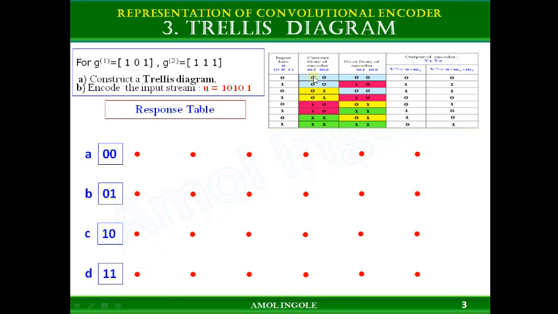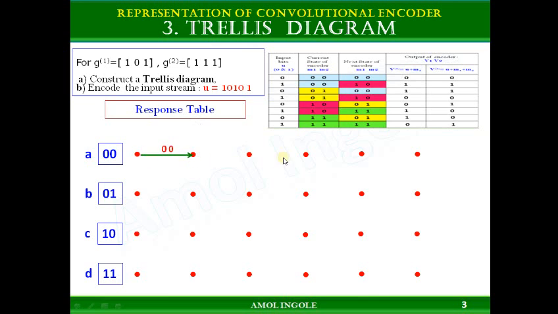So when 0 0 is the initial state and 0 input is given, there is no change in the next state, right? You will remain in the same state. So this can be shown with a line like this. You were in the 0 0 state, input 0 was given, so you will go to the next state, which is again the 0 0 state, right?